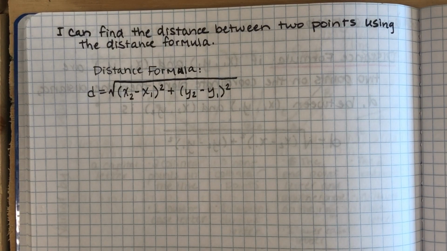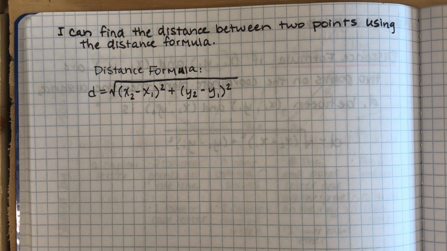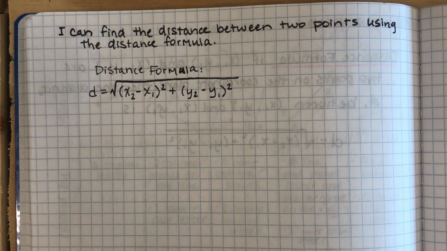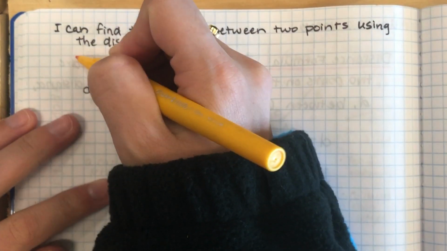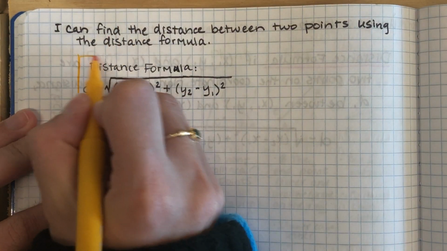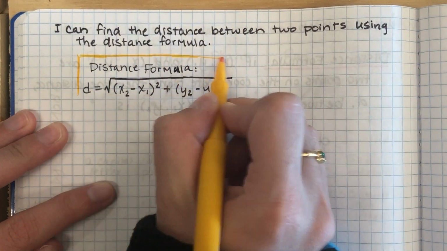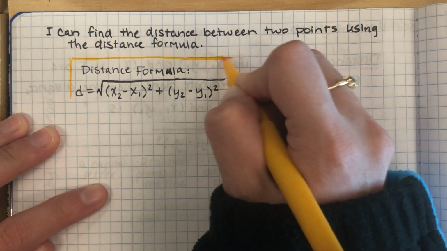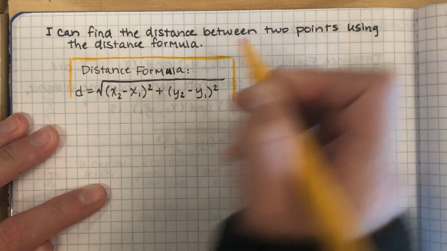And then somehow I'm going to make this stand out on my paper, so I'm going to outline it because this is a pretty important thing that we're going to be talking about for the next couple days or so.